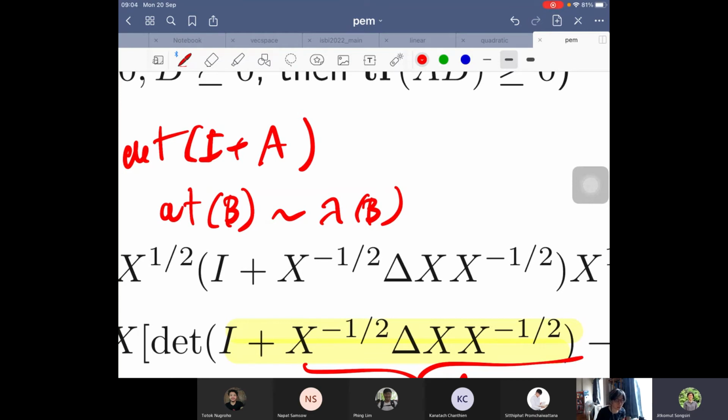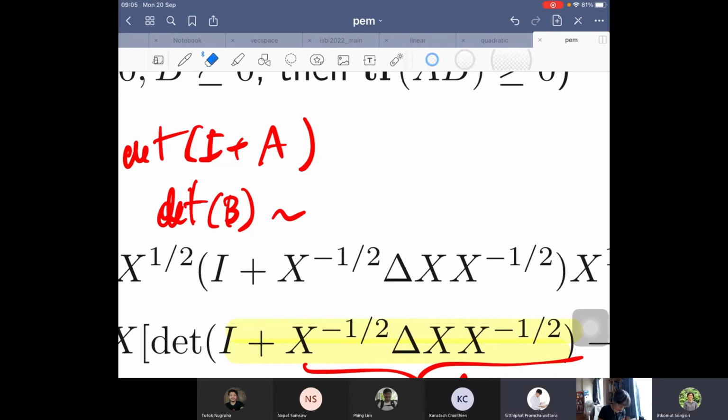It is the product of the eigenvalues of B, right?